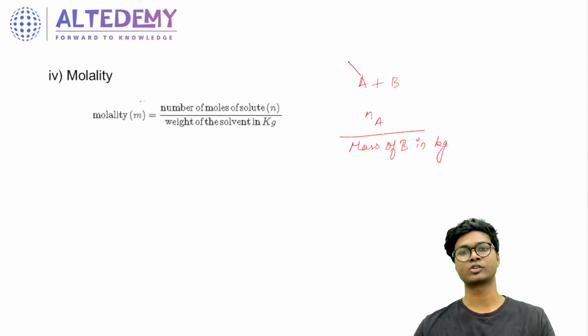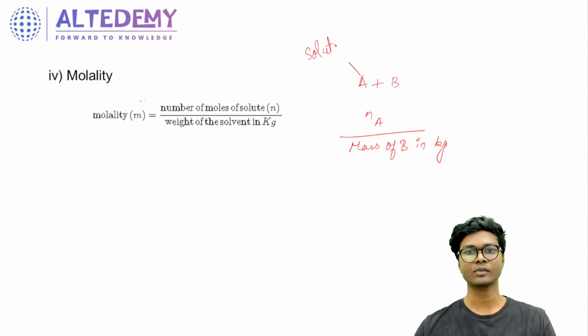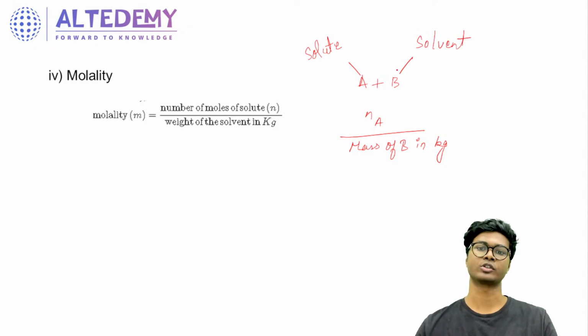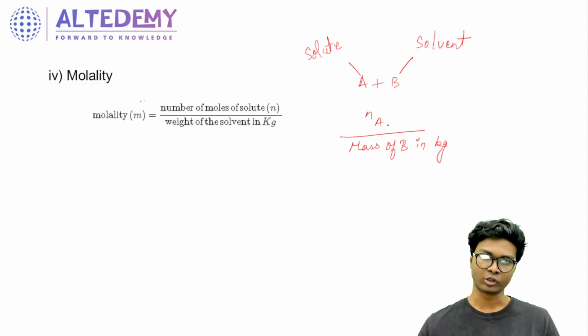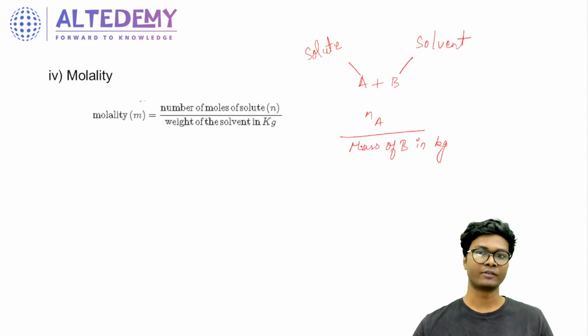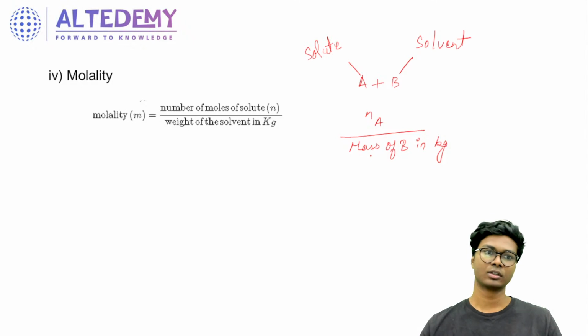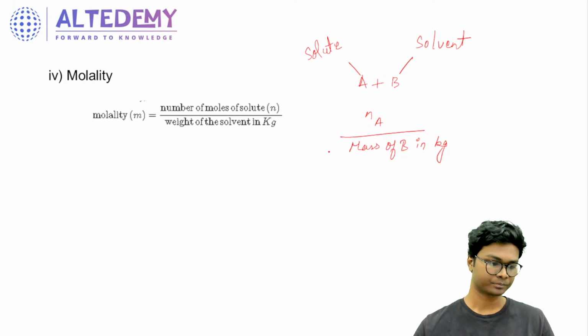This is the solute part of the solution, and this is the solvent part of the solution. So to find the molality, the formula is number of moles of solute by mass of solvent in kg. We'll get the molality. Got it?